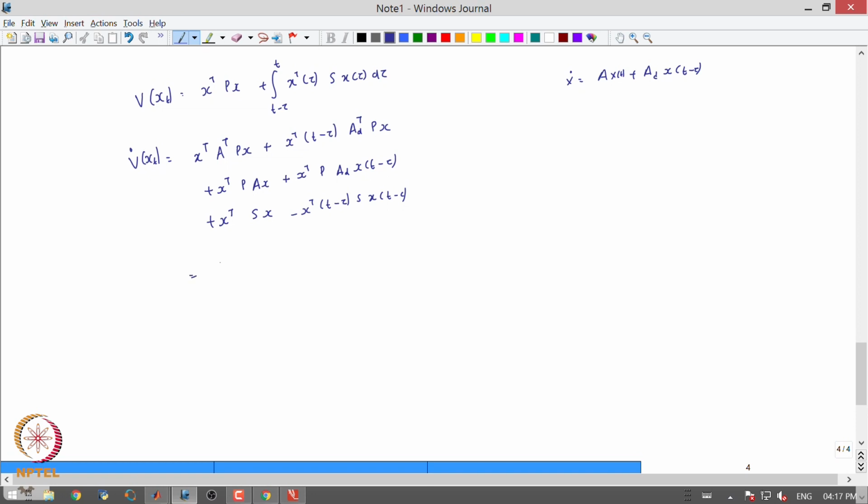And I rearrange terms in the following way. I have x of t here, I have x of t minus tau with transpose.